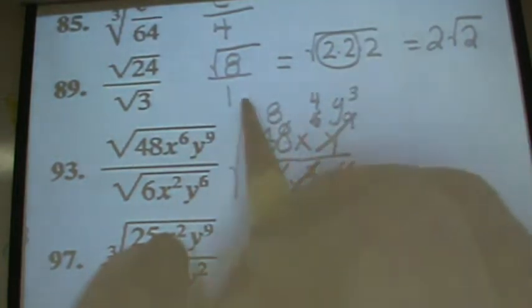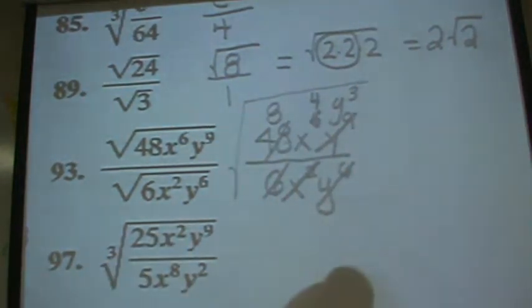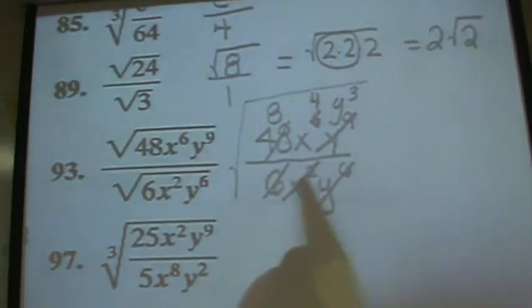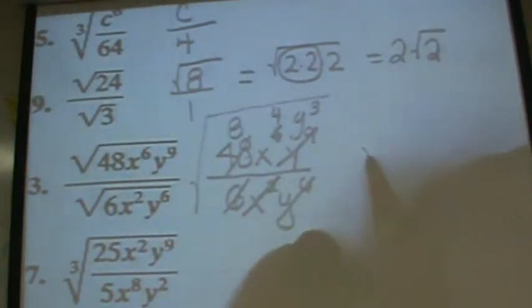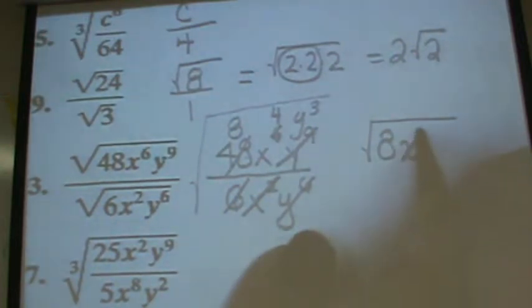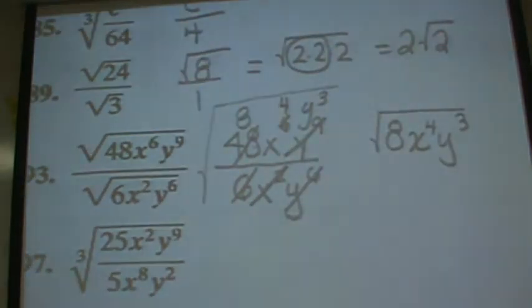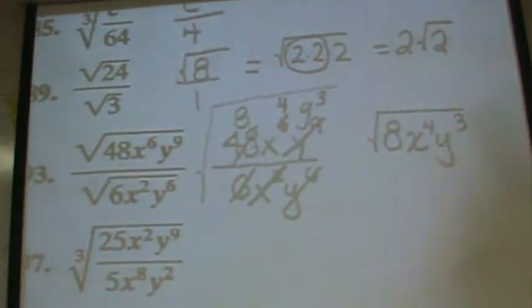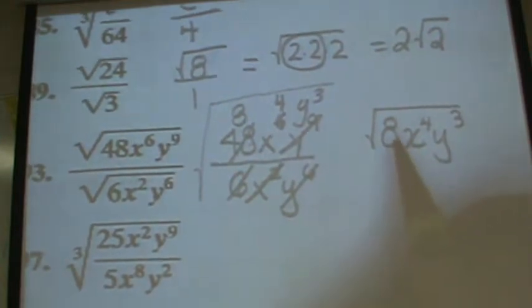So remember, you're still underneath one radical. But in the bottom, there's a 1 left. So on top, all you have is 8x to the 4th y cubed. So now, there's a 1 underneath, so that's just a 1. What do you have that's 2 of a kind that come out?